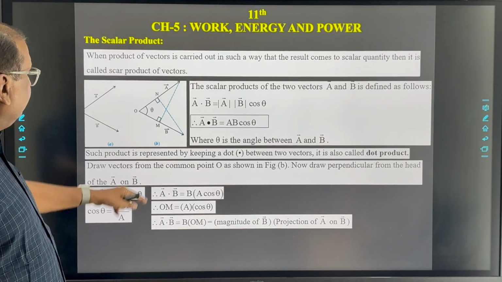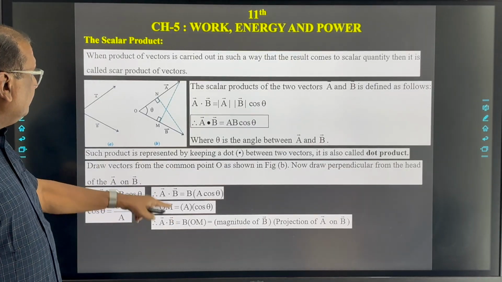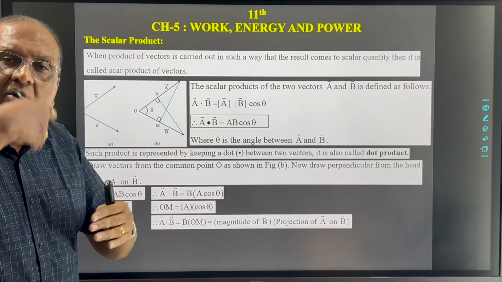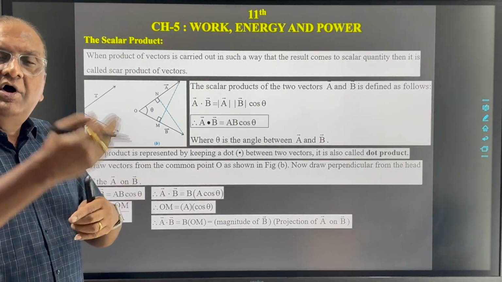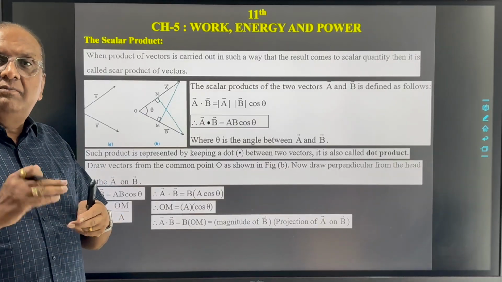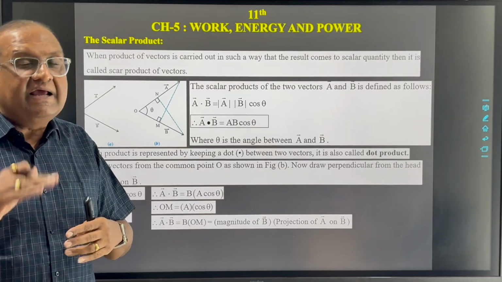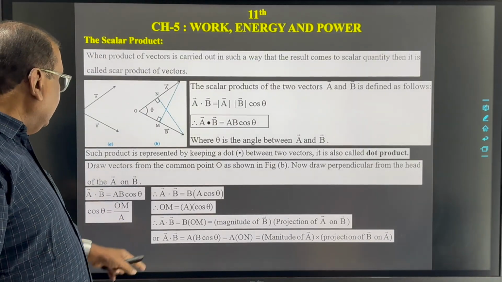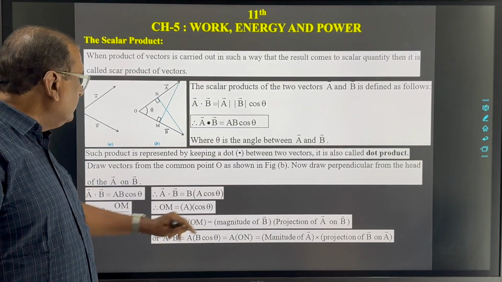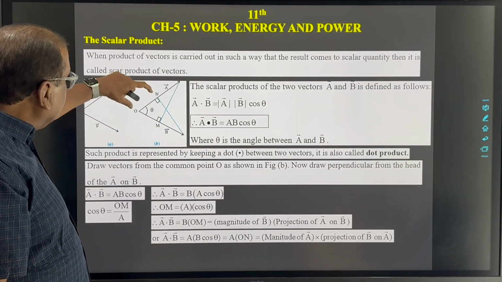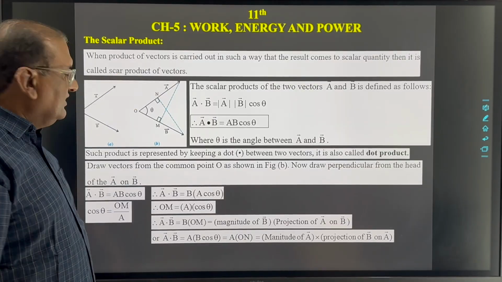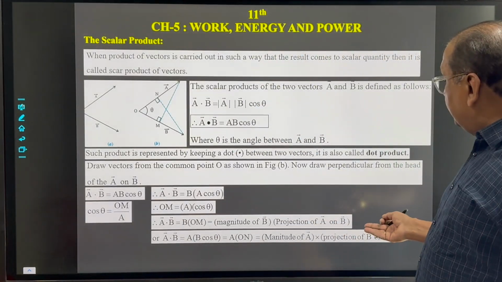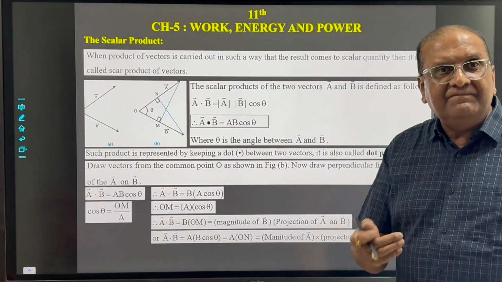It implies that B is the magnitude of vector B and OM is the projection of vector A on B, or we can say the component of vector A in the direction of vector B. Similarly, we can write A dot B, that is A into B cos theta, as A into ON. That is the magnitude of vector A into the projection of B on vector A.